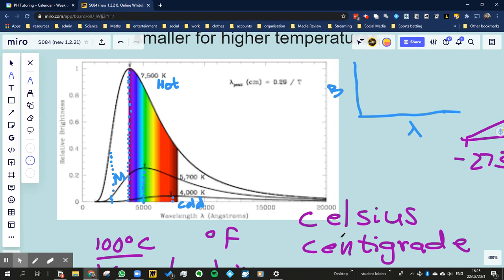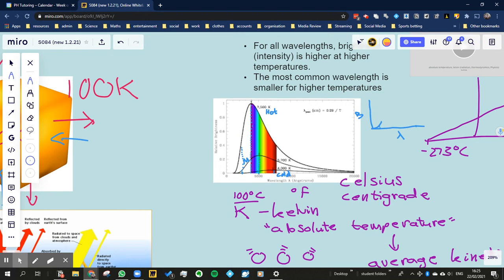Forget about if it's hot or cold. We'll just say it's quite warm. And what we notice is that it doesn't really produce anything down here, but then it produces a little bit of this wavelength. So I think what I might do is make this bit quite a bit bigger. We need a bit more space, really.